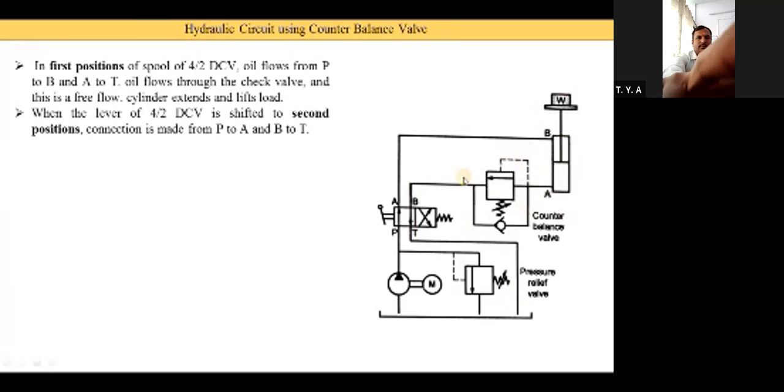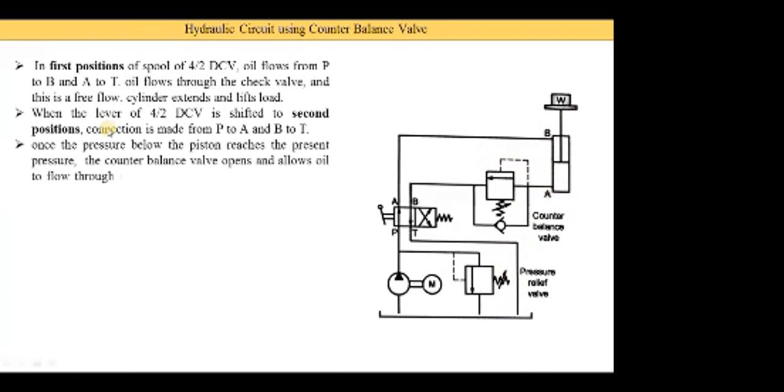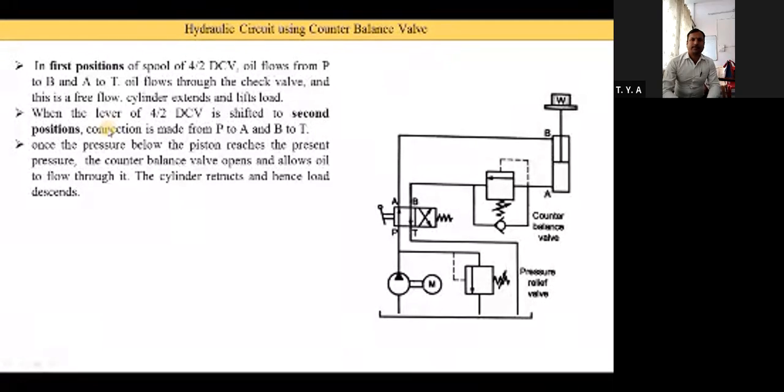But in this system we use the counterbalance valve. Now what is the function of the counterbalance valve that we study here? Once the pressure below the piston reaches the preset pressure, the counterbalance valve opens and allows oil to flow through it.